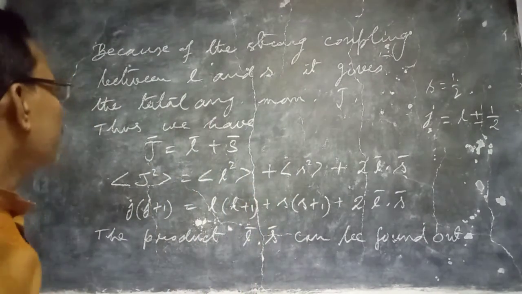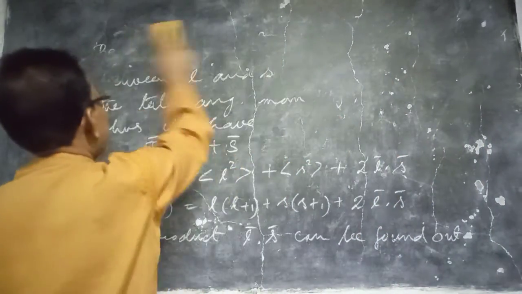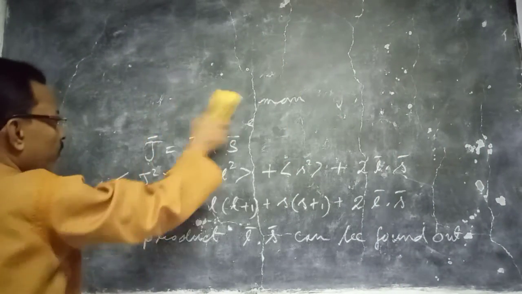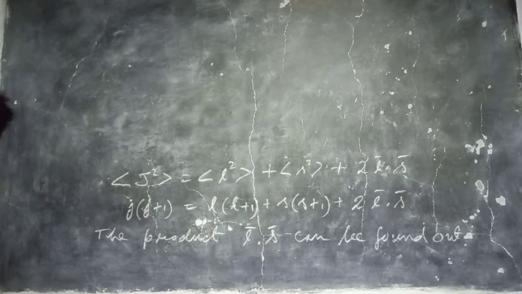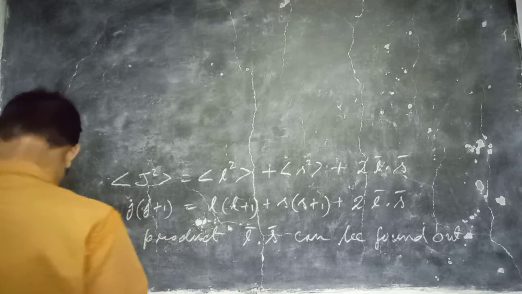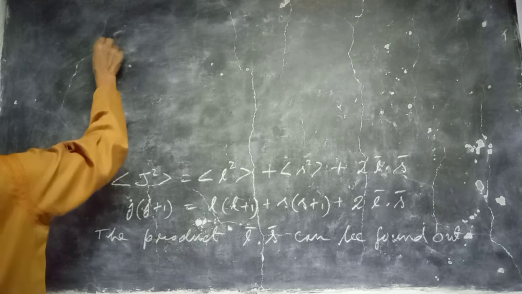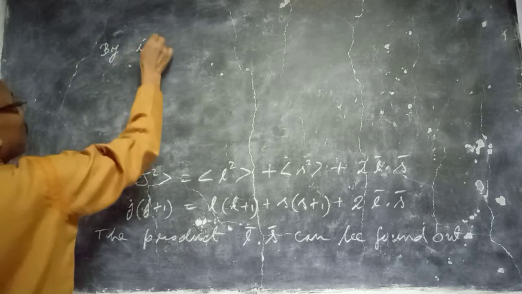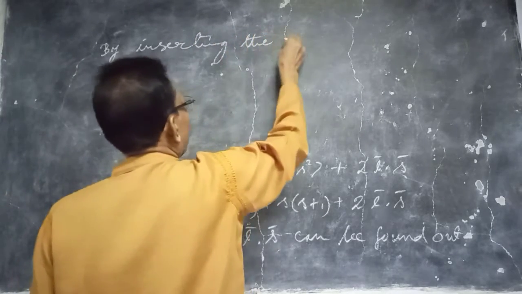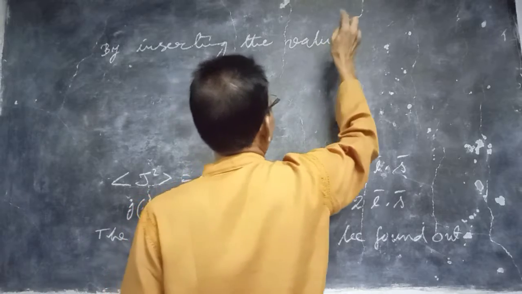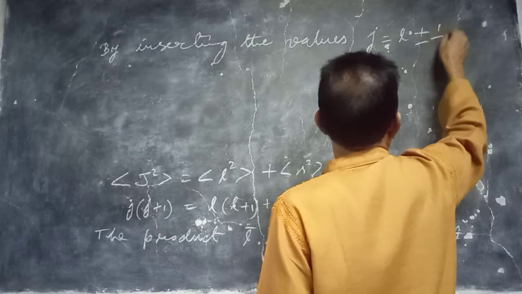So either J is equal to L plus half or L minus half.